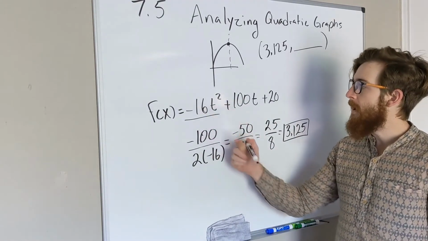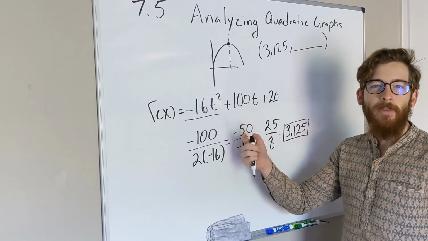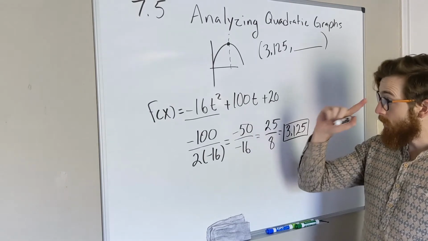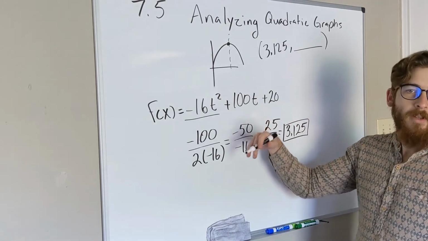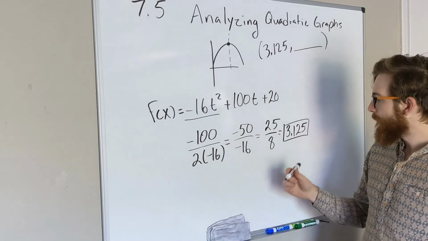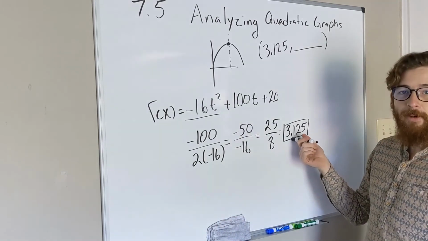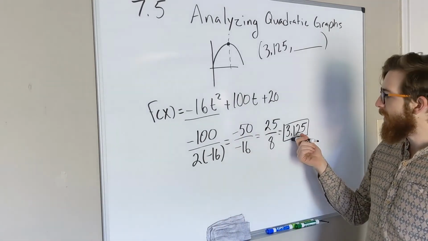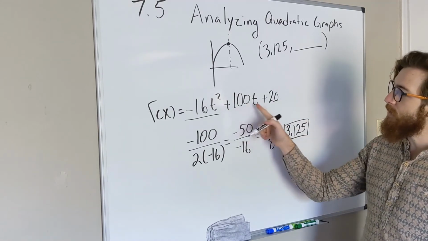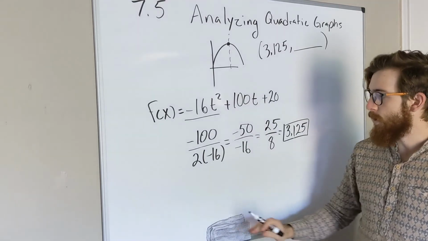And this is a physics problem that uses velocity and initial height and those kinds of things to determine the maximum height or how long things are in the air, stuff like that. And so this tells me how many seconds it took to get to its maximum height. So I have the seconds. Now I need to plug those in to find the height.